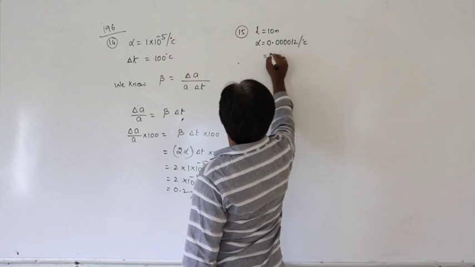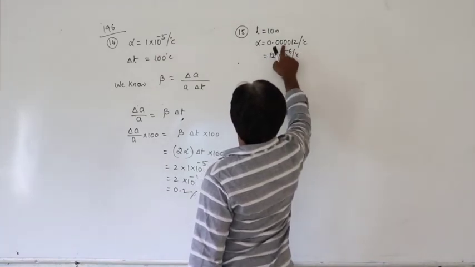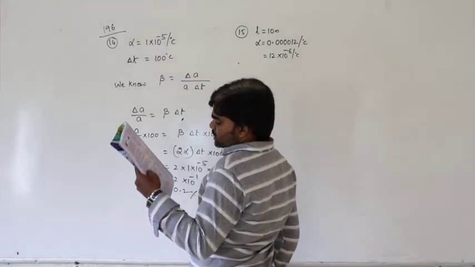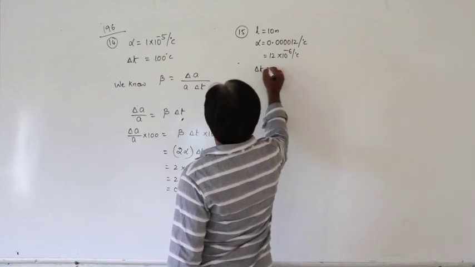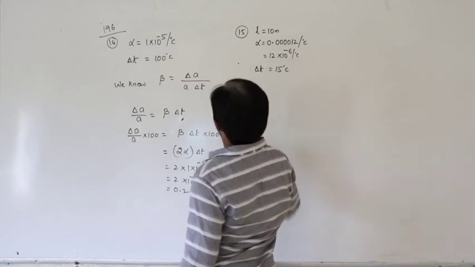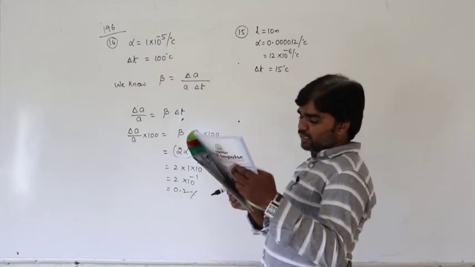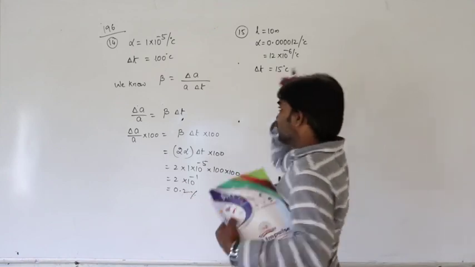This can be written as 12 into 10 to the power of minus 6 for our convenience. Now, if the temperature increases by 15 degrees Celsius, that means delta T is given. The gap that should be left between the rails is what we have to calculate.